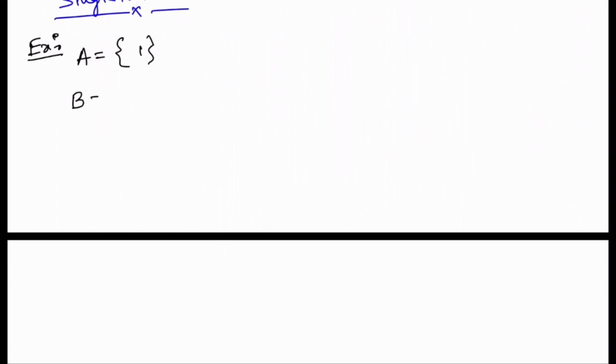Let B be a set such that, let me write in set builder form, y is an element of B such that y is an integer and y is less than 1 and greater than or equal to minus 1. This is the condition.